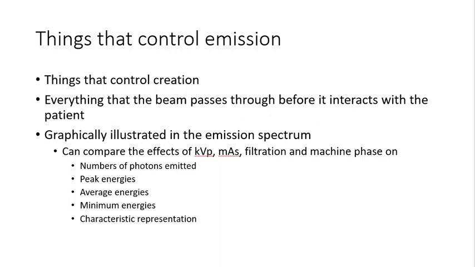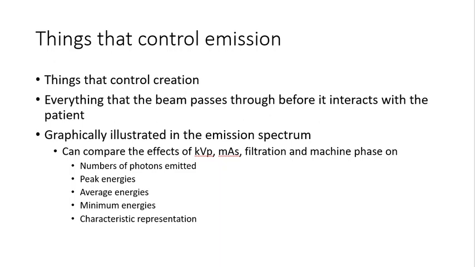kVp, mAs, filtration, and machine phase are primarily the factors that are going to affect X-ray emission. They affect the numbers of photons emitted. They affect the peak energies, in kVp. They affect the average energies: the kVp, the filtration, and generator type all affect average.